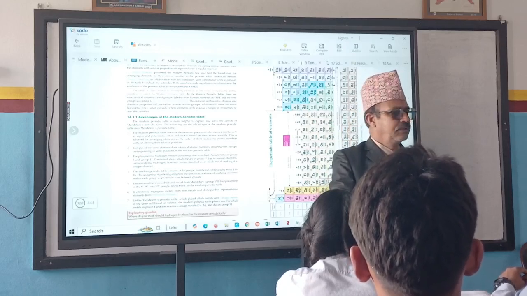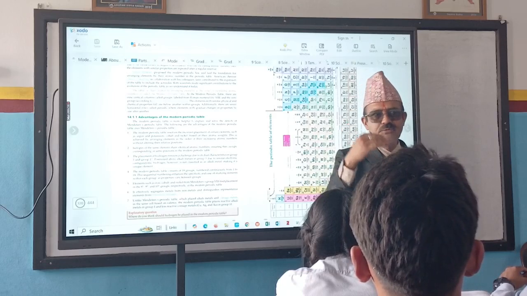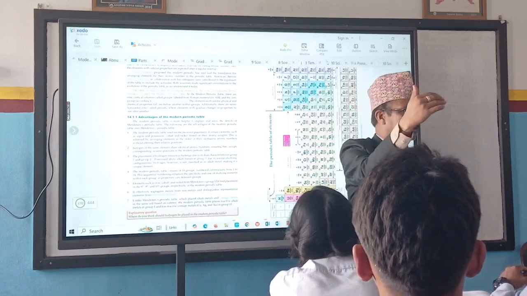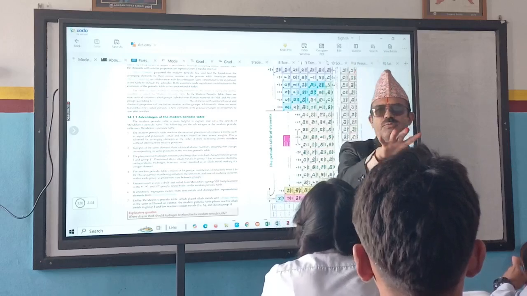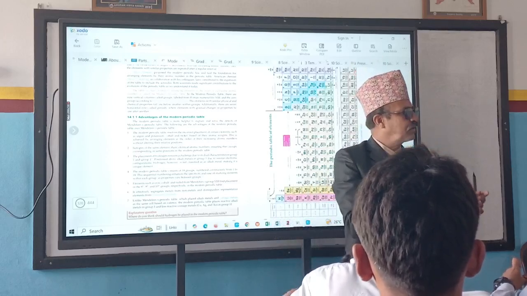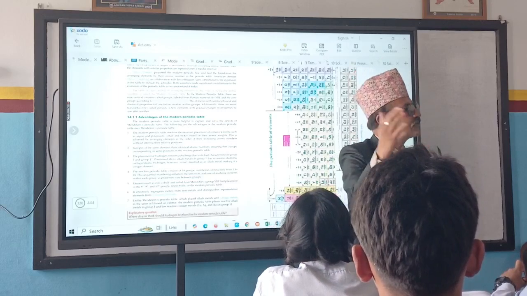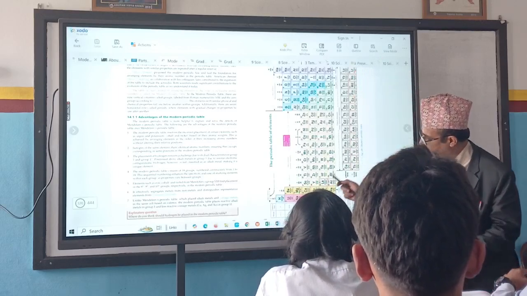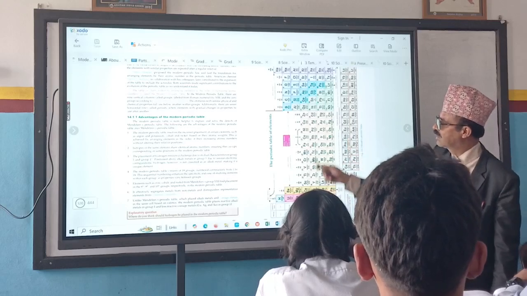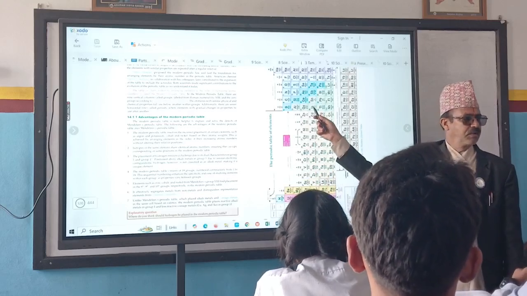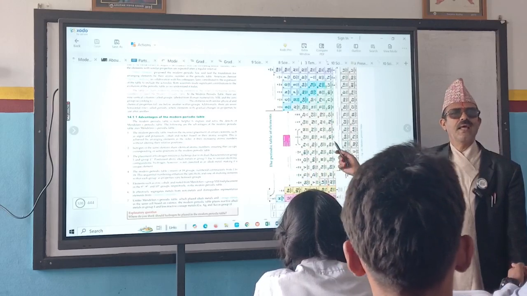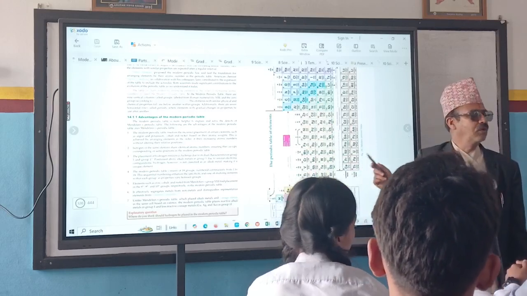My plane at first may go to one place and drop me there. Then again I have to wait for another plane and go. That is transit. Here also, while going from 2A to 3A, we have to pass through them. That's why these are called transitional elements or transitional metals.